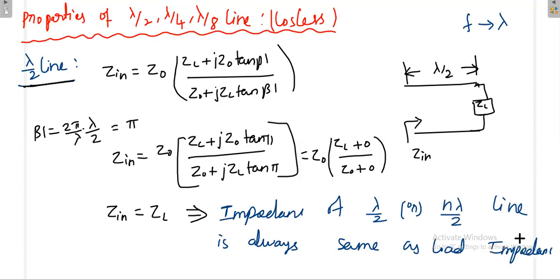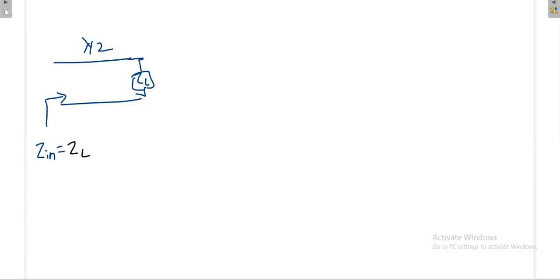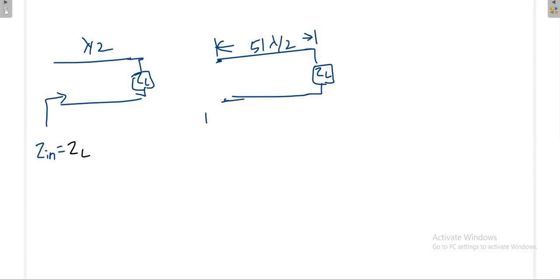What is the meaning of this? Say the line is lambda by 2 and somebody gives this as ZL, then they ask what the input impedance is here; definitely that is ZL only. Similarly, if the line is terminated with ZL and the line length is 51 lambda by 2, and they ask the input impedance, it is again ZL.